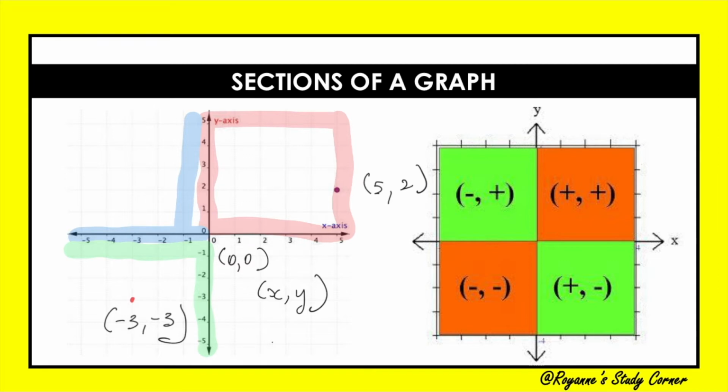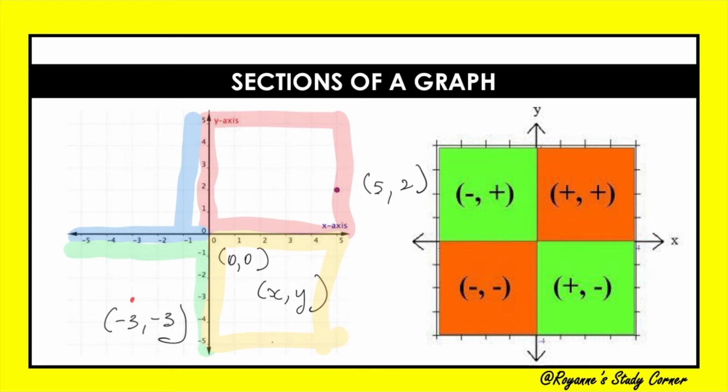And if you look over here, x is positive and y is negative. So there are all of these sections on a graph, and you just have to pay attention to whether they're asking you to plot a point that's negative or positive. But remember, it's two number lines, so you just follow it just as you usually would with any number line.